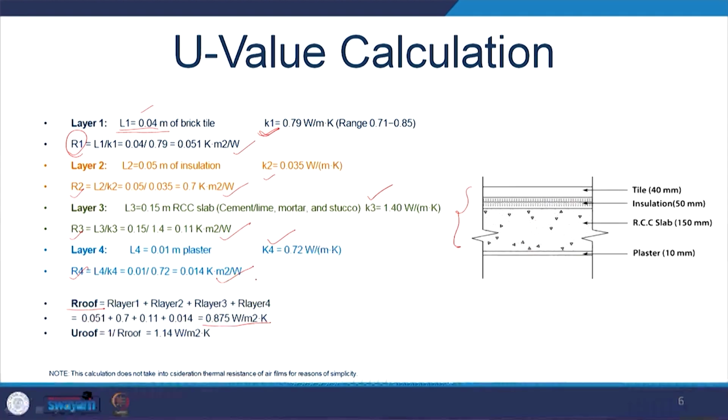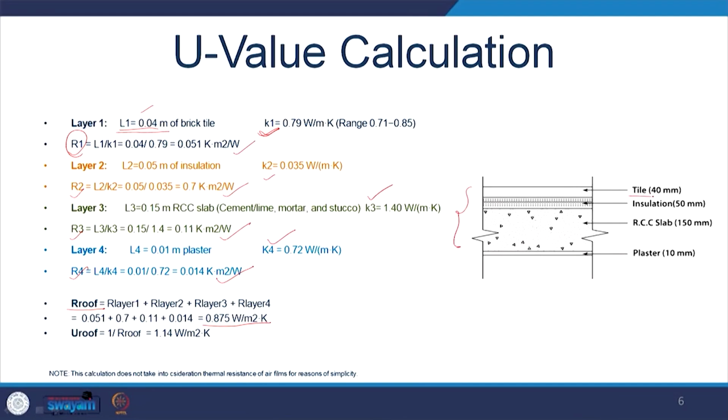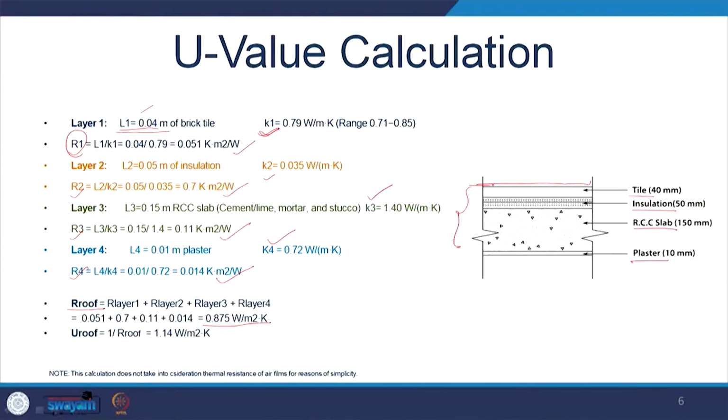Now, here for simplicity we are taking the resistances offered by these 4 layers of materials only, but when we look at it scientifically and as per the definitions, there is a thin layer of air above the tile and also beneath this. So on both sides there is a thin layer of air which also offers resistance to heat transfer.